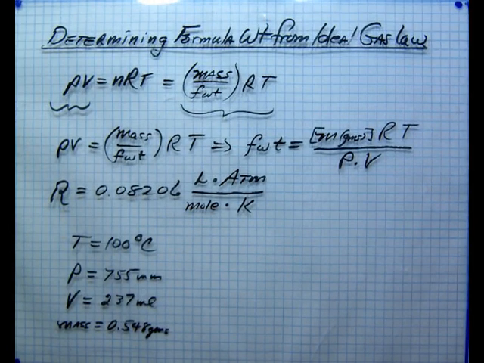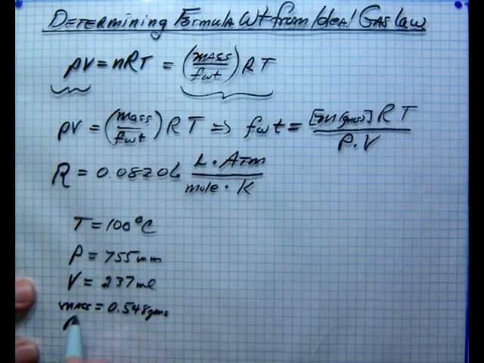Okay, you're given a problem and you extract, what do you need to extract out of this equation? Well, the problem needs to give you mass, temperature, volume, and pressure, and the R value will be on your reference sheet. So you don't have to worry about that. I'll write it in here anyway.